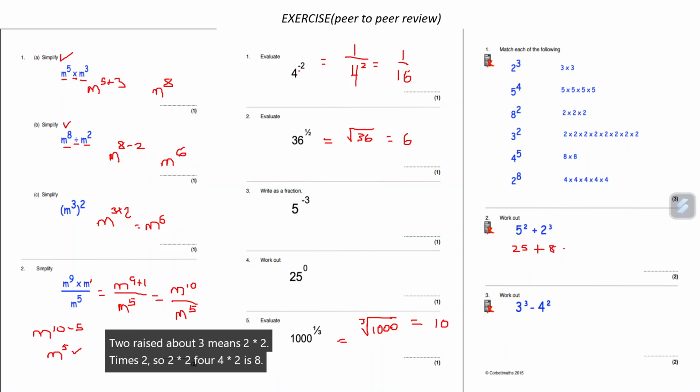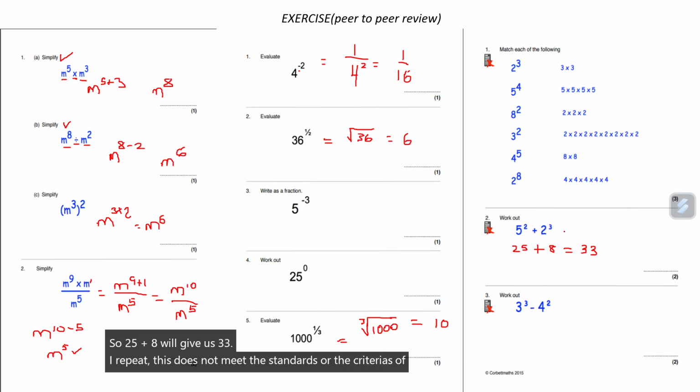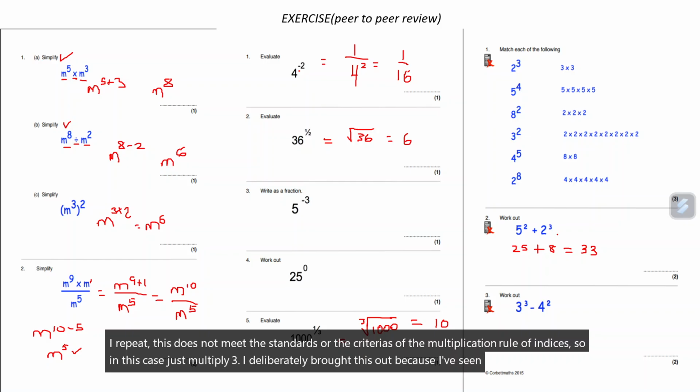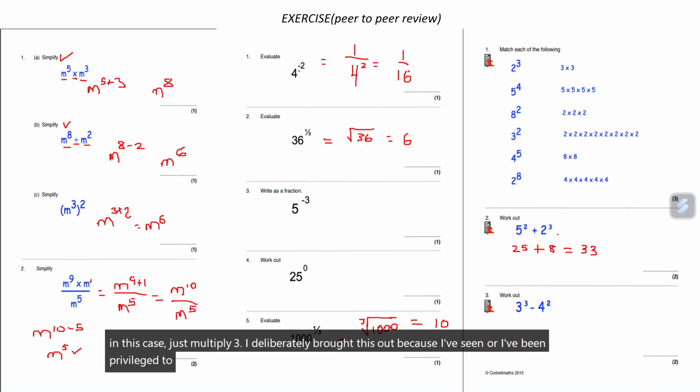So 25 plus 8 will give us 33. I repeat, this does not meet the standards or the criteria of the multiplication rule of indices. So in this case, just multiply straight. I deliberately brought this out because I've been privileged to mark assessment papers.